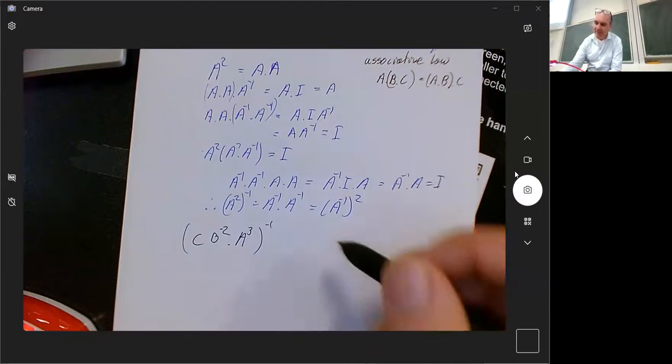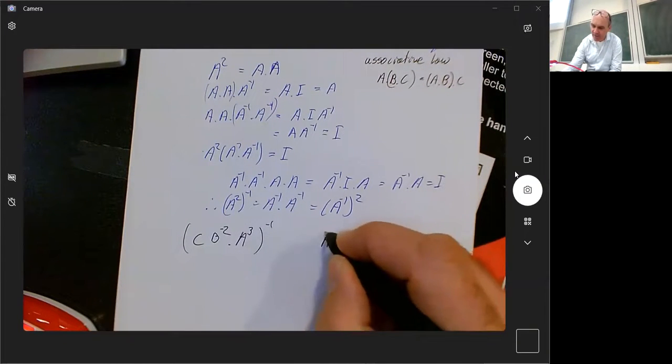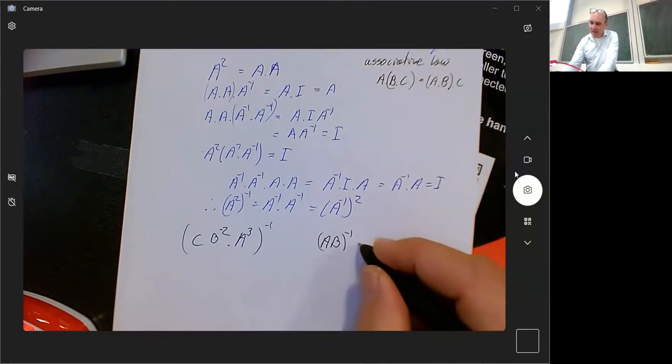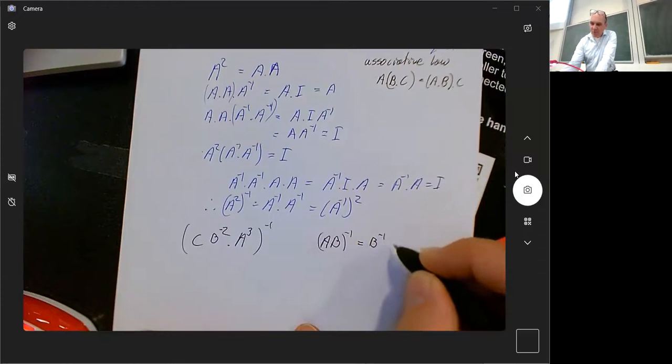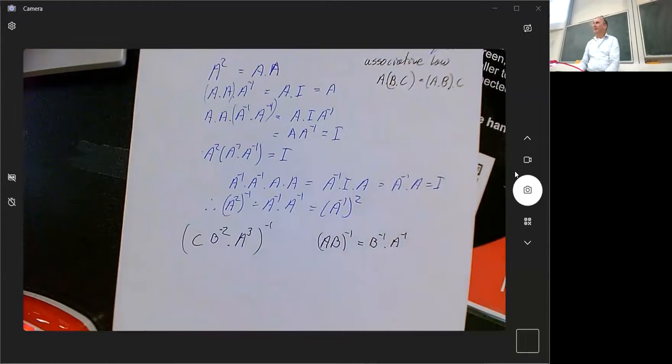But there's a rule that says A times B inverse. When I have that product, I change the order of them and I invert them. Yep. I was fairly confident I saw that, but I can't quite remember.